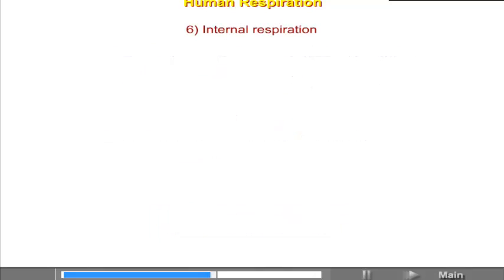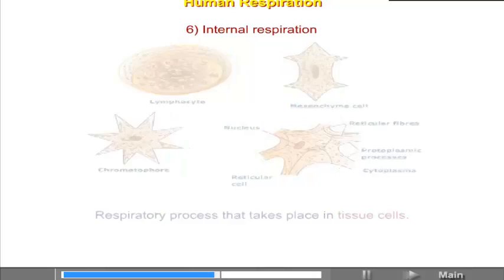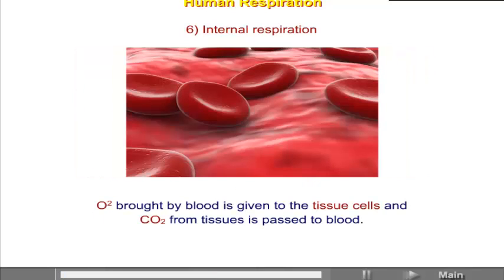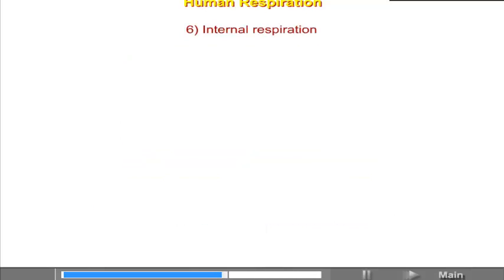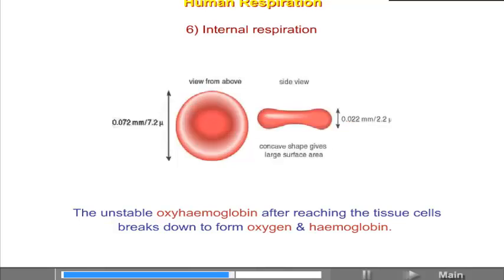Internal respiration is the respiratory process that takes place in tissue cells. Oxygen brought by blood is given to the tissue cells and carbon dioxide from tissues is passed to blood. The unstable oxy-haemoglobin after reaching the tissue cells breaks down to form oxygen and hemoglobin.